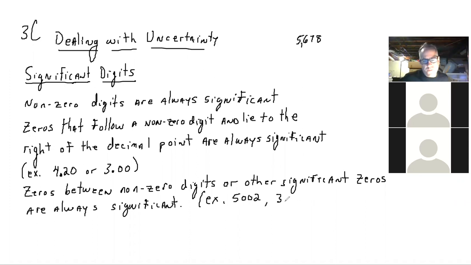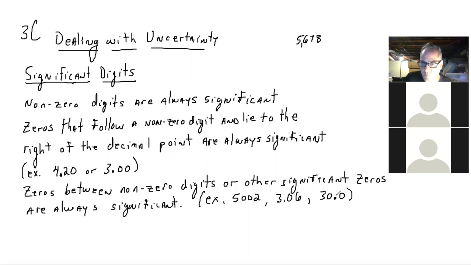Or if I had 3.06. Or if I had 30.0. The deal here is this zero, where it's tricky. If I have the number 30, just 30, there's only one significant digit, the 3. We'll talk about that in a second.